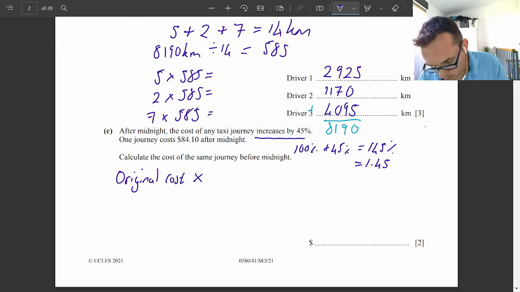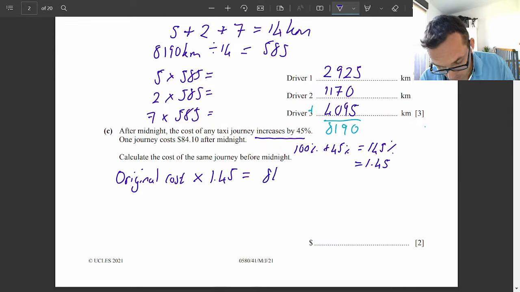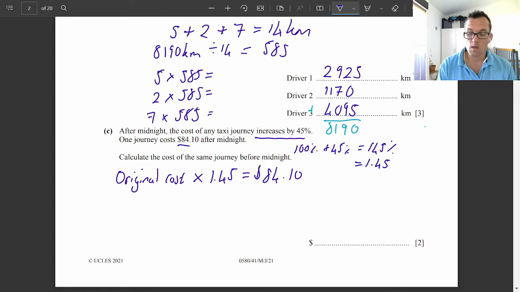If we take that cost and we multiply it by the multiplier 1.45, it means we increase it by 45%. We will end up with the answer that they've given us, $84.10. We're now working backwards to get the original cost, the cost before midnight.